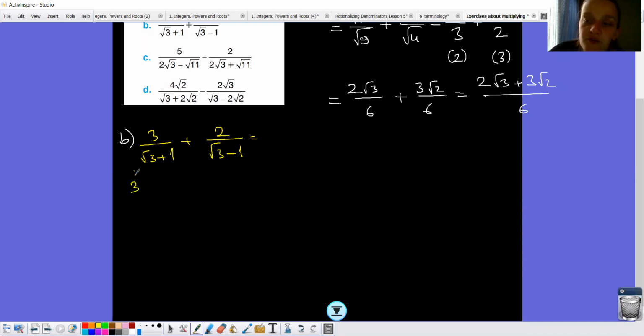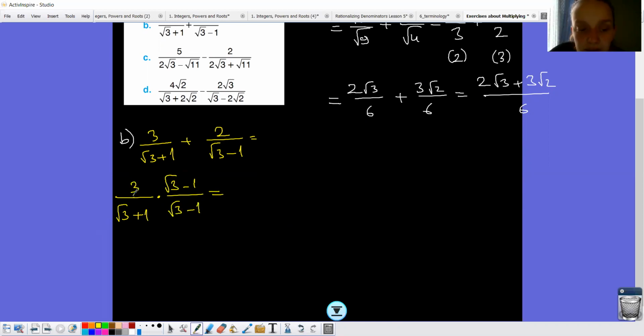Fatih, I am trying to rationalize the denominator of the first one, 3 over root 3 plus 1. So I need to multiply and divide by root of 3 minus 1 over root of 3 minus 1.